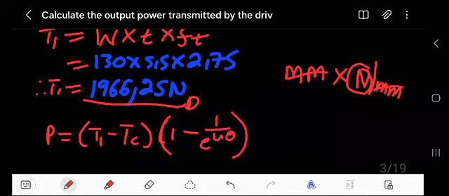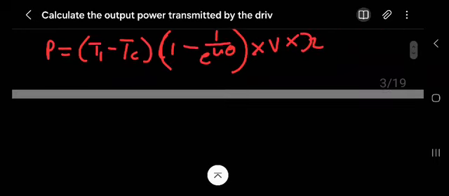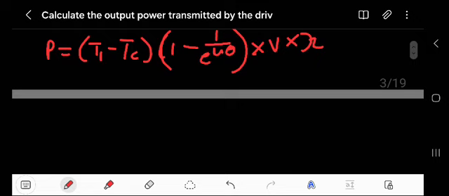Then we multiply by the velocity. Also, because we have the efficiency, you can include your efficiency. So we have many typical questions.